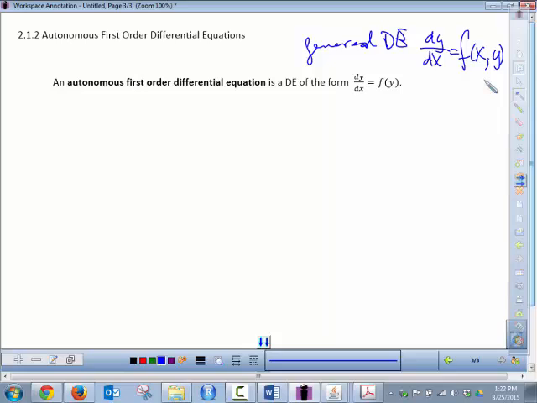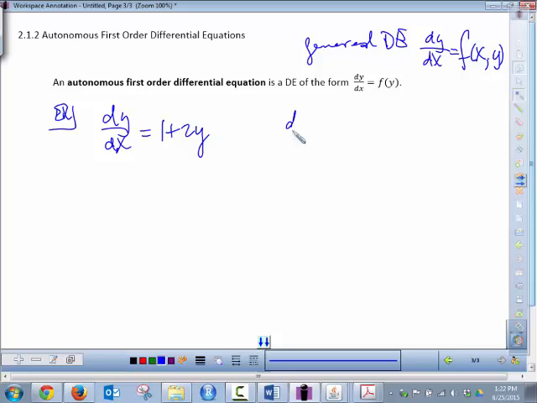So, give me an example of an autonomous first-order differential equation. A specific example. 1 plus 2y is an example of an autonomous differential equation.